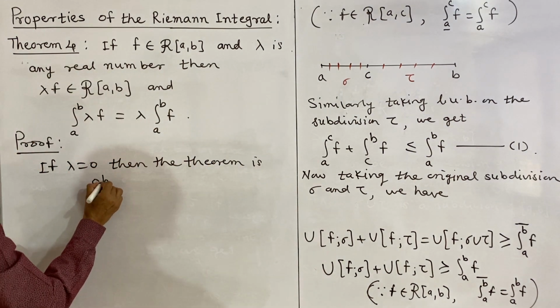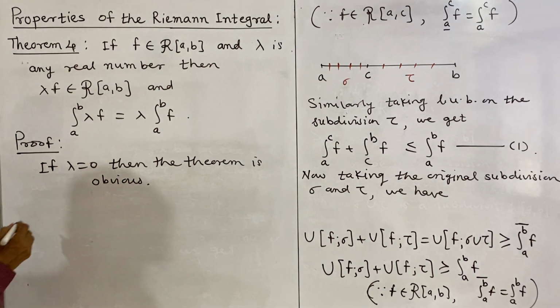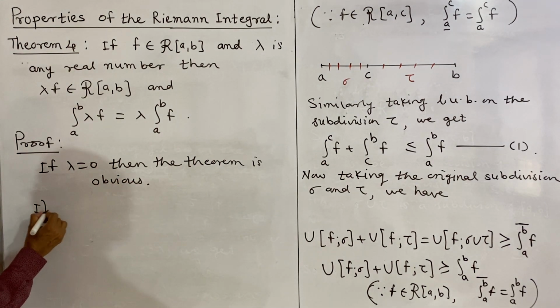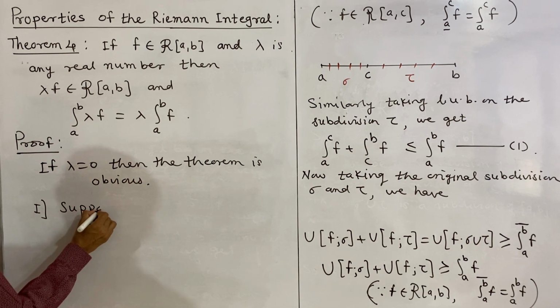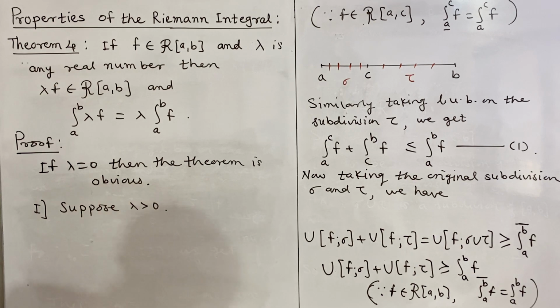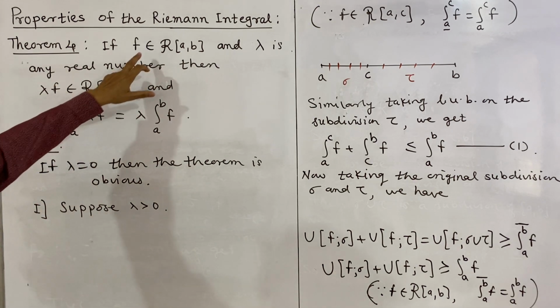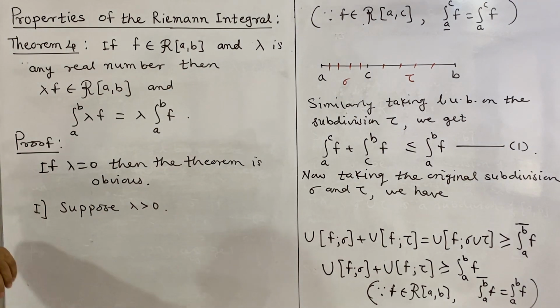Now what we should assume first is lambda positive. Suppose lambda is greater than 0, and first we should show that if f is Riemann integrable, then lambda f is also Riemann integrable.